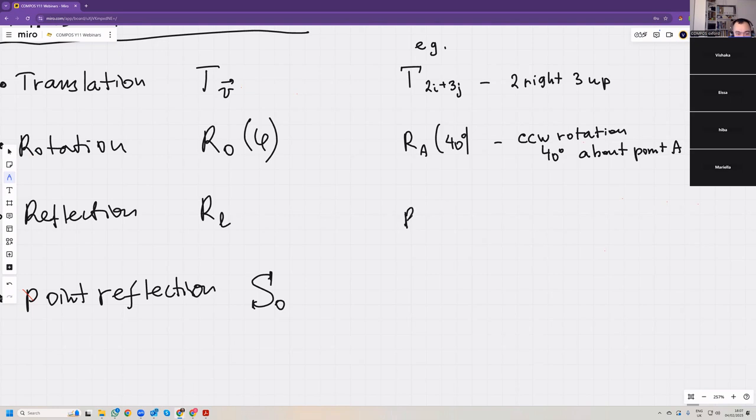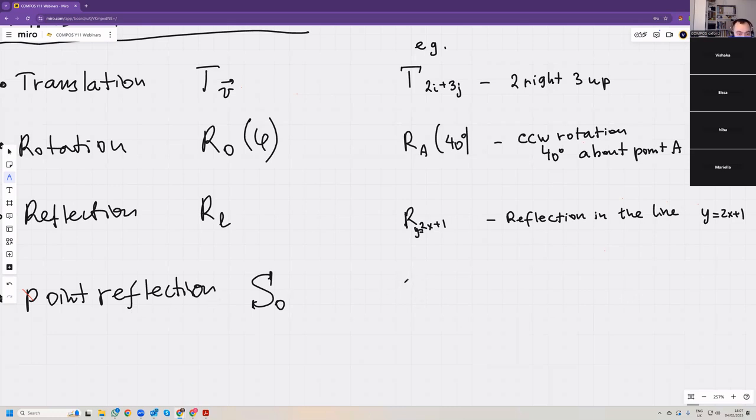Reflection in a line, so it's a reflection. So for example, y equals 2x plus 1 is a reflection in the line y equals 2x plus 1.